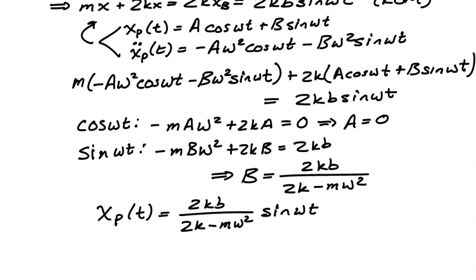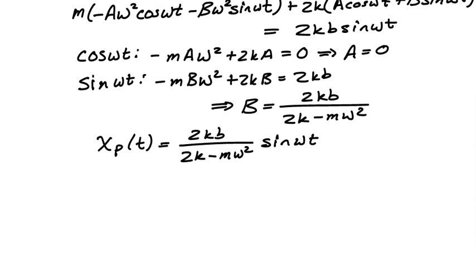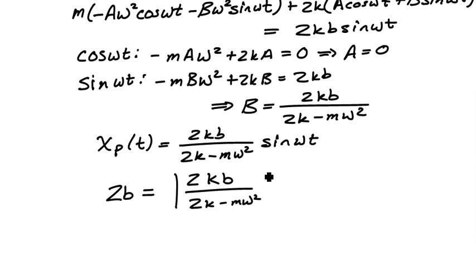Now in the problem statement we want to find the excitation frequency values for which the amplitude of the response, that is capital B, is equal to twice the base excitation. So what we want to find here is the case where 2b, twice the base excitation, is equal to the amplitude of x_p of t, which is 2 times k times little b divided by quantity 2k minus m omega squared.